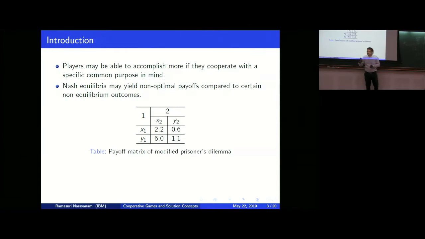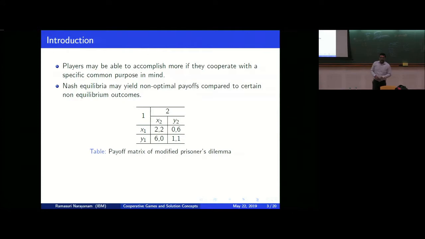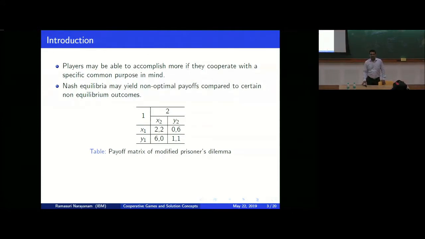Why in the next round, people ended up not playing the same strategy profile, x1 comma x2? There is one more simple reasoning behind it. You look at the payoff numbers.